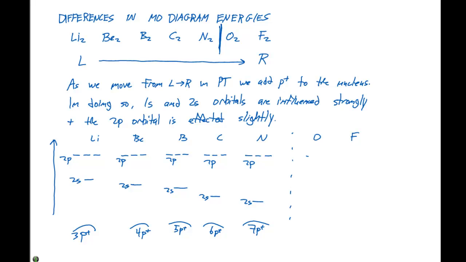With oxygen, we have an even more dramatic effect because there's 8 protons in the nucleus. And for fluorine, which contains 9 protons, we're going to get an effect that looks like this. So what we see happening is the delta E, or the change in energy between the 2s and the 2p orbital, is going to increase as we go from left to right in the periodic table.